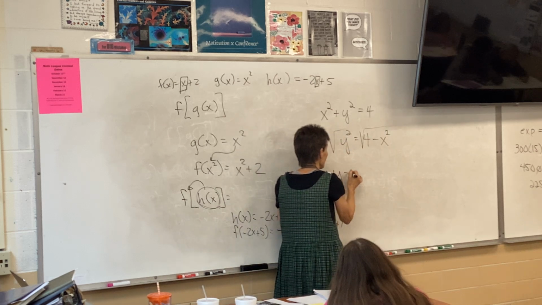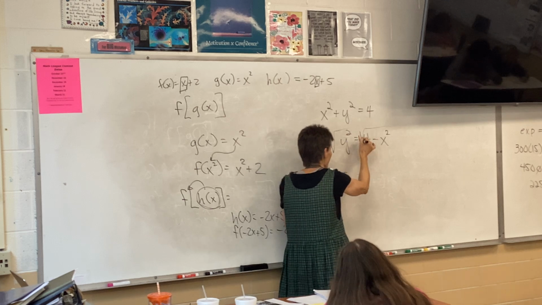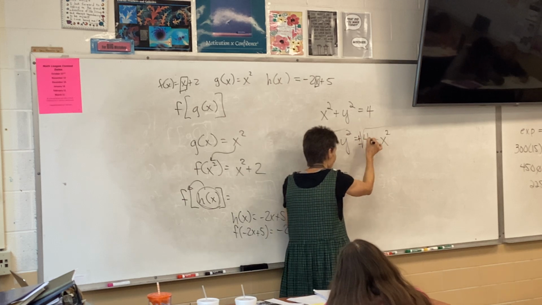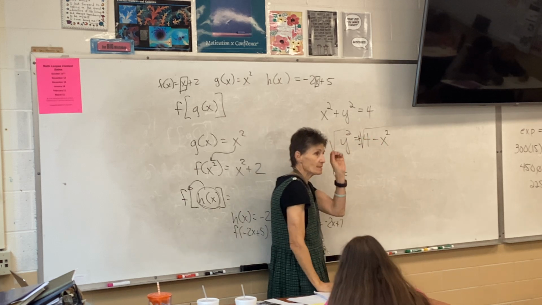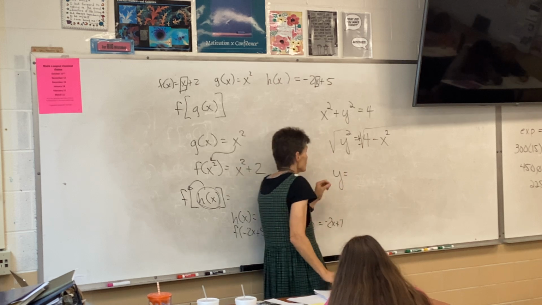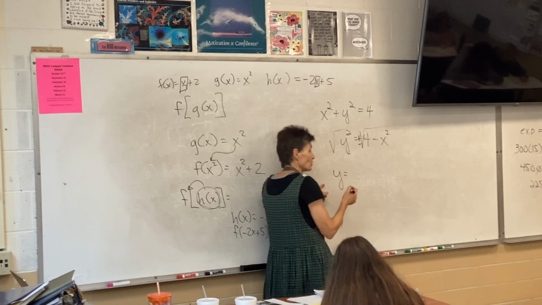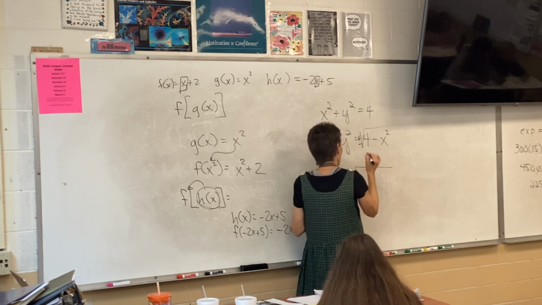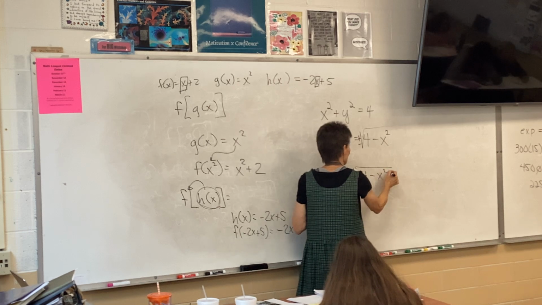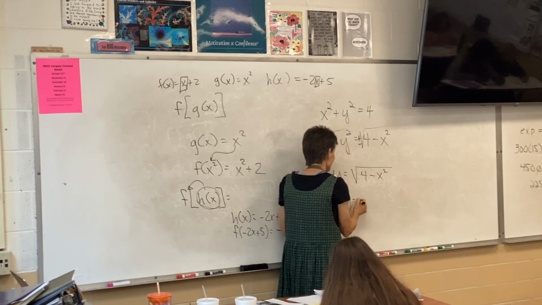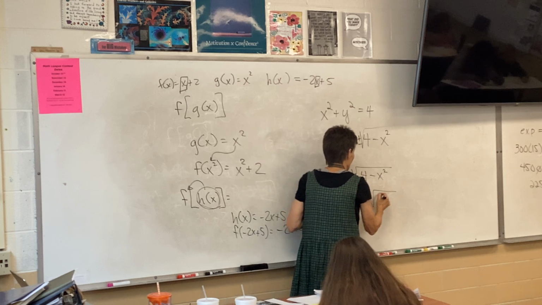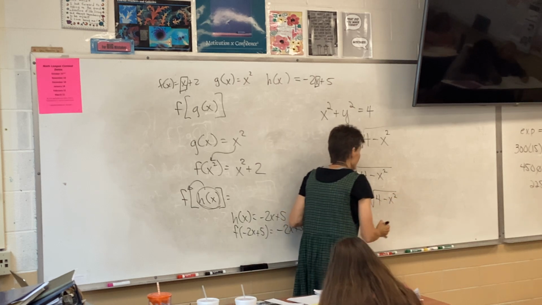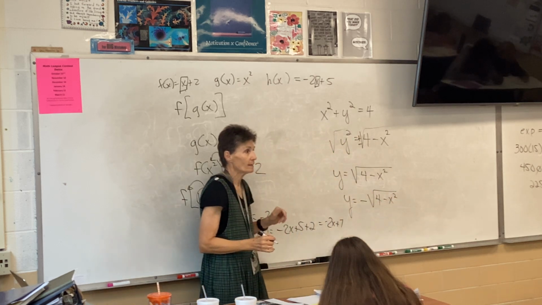When I square root it, it's plus or minus every single time. So I really have two different equations. I have the positive square root, and I have the negative square root. And yeah, I want you to write them separately. You'll see why in a minute.